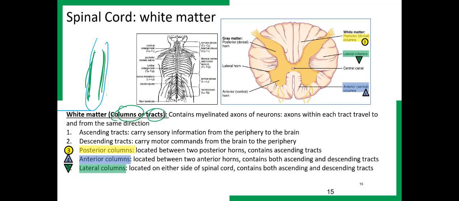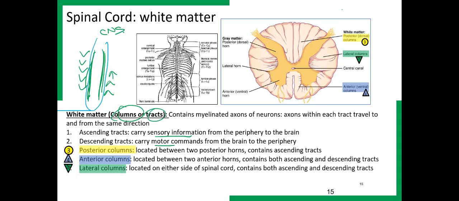Ascending tracts send information up to the brain and carry sensory information, whereas descending tracts, axons that carry information from the brain to the periphery, carry motor commands that tell the body to do stuff in response to whatever goes up in the brain.